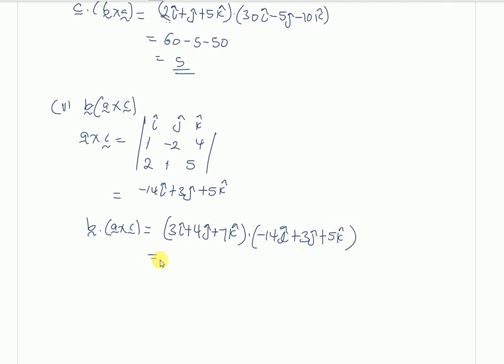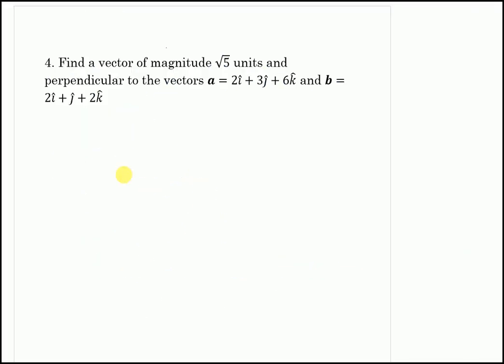When you look at the i's, I get negative 42. That one is 3i times negative 14. When I look at the j's, I get 12. When I look at the k's, I get 35. And the overall thing I get is 5. That's what we have there.